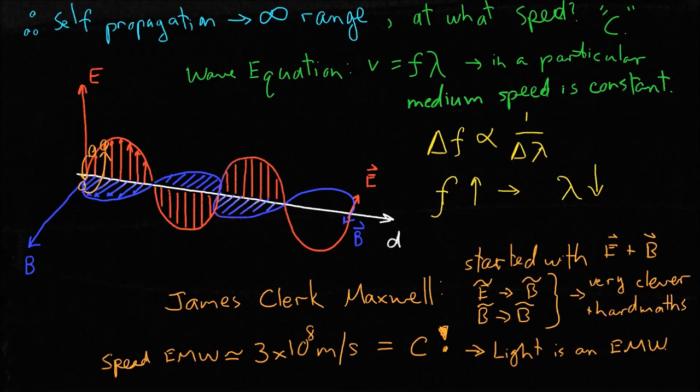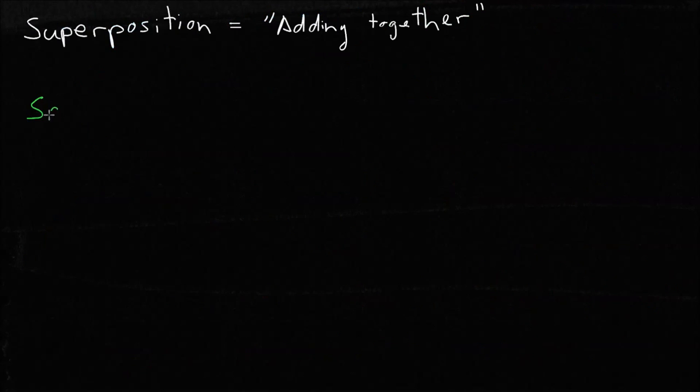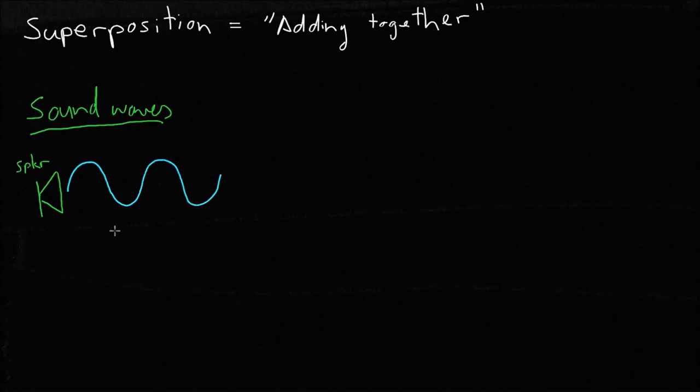Now we're going to look at an aspect of waves called superposition, which means adding together. Now we've already looked at superposition when we studied sound waves. So if we have a speaker, the sound coming out of that speaker can be a simple sine wave, or it can be a collection of waves of different frequencies.